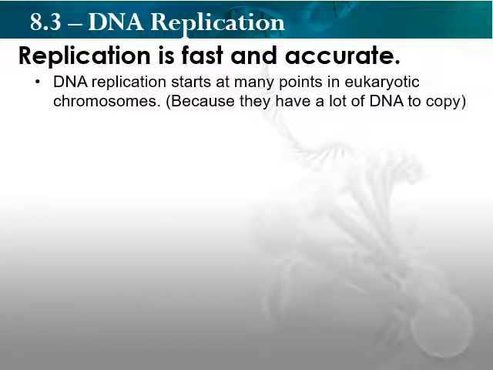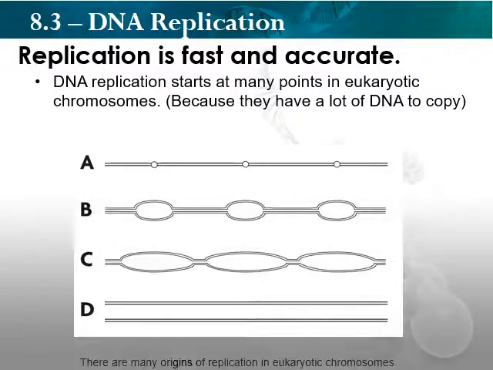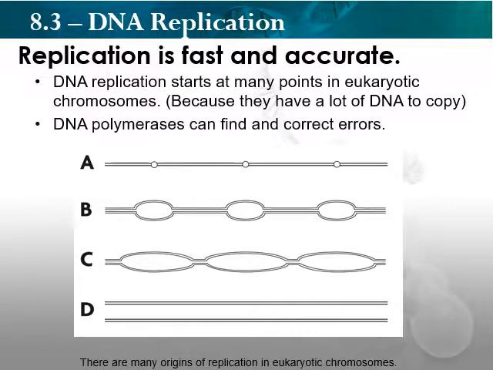Now, replication is very fast and very accurate. In eukaryotic cells, because there's so much DNA that needs to be copied, it starts in multiple spots on the chromosomes. Chromosomes are just tightly compacted pieces of DNA.